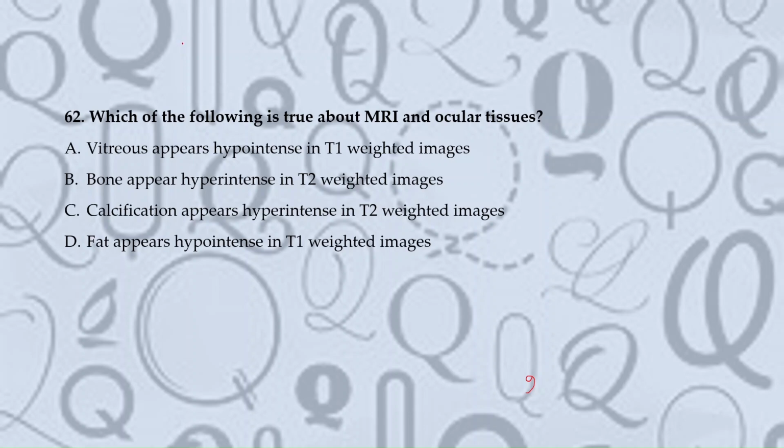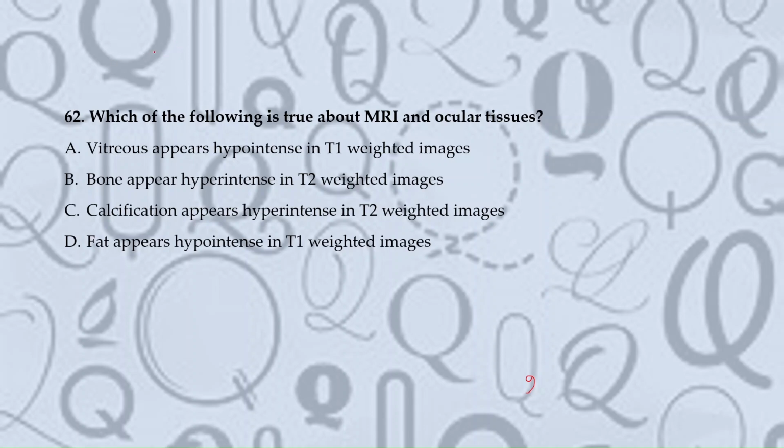So T1 means the time elapsed for most of the protons to return back to their original status. This is usually a longitudinal or z-axis kind of shift, whereas T2 is more of a horizontal or xy dimensional shift.